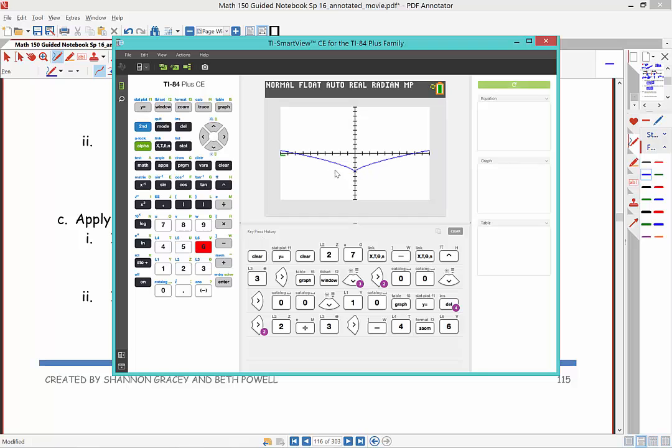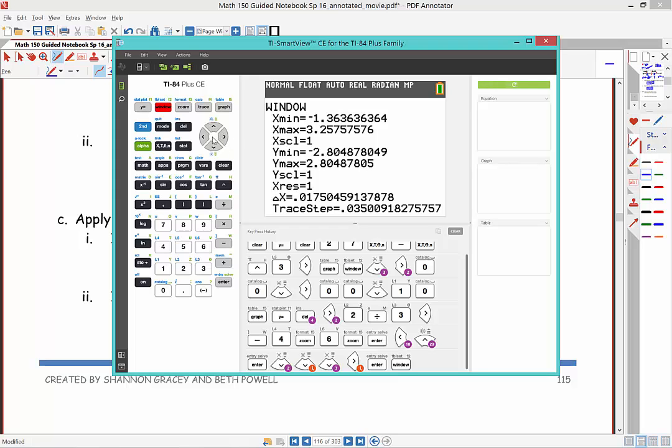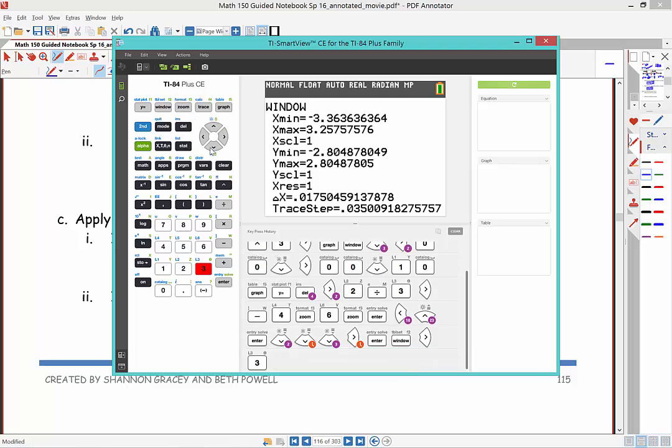And see how there's that cusp or bounce, and how the derivative graph is behaving. So let's see, our X minimum will be, let's do -3 something. And then our Y minimum should be maybe -5.